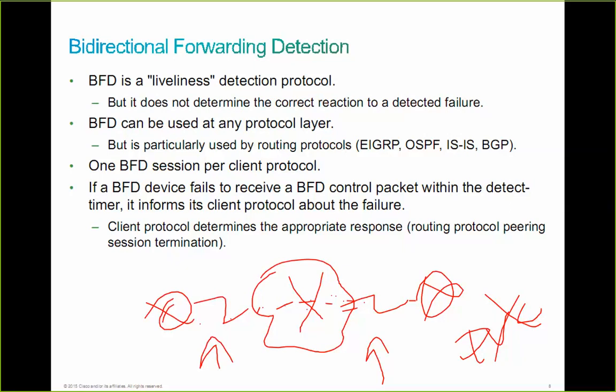So the layer 2 failures might be hidden from the routers, is my point, right? Frame relay is a layer 2 protocol. So if there's no physical layer failure here and here, a data link layer failure is kind of hidden from the routing protocol itself.